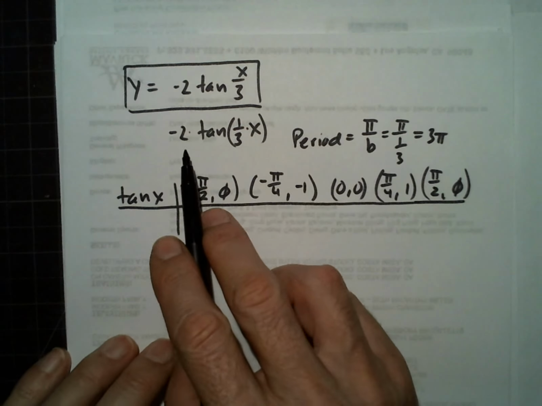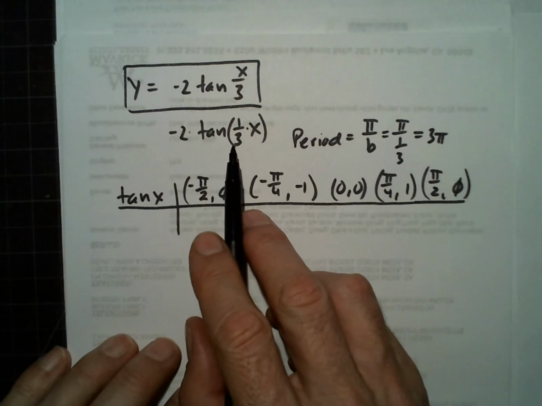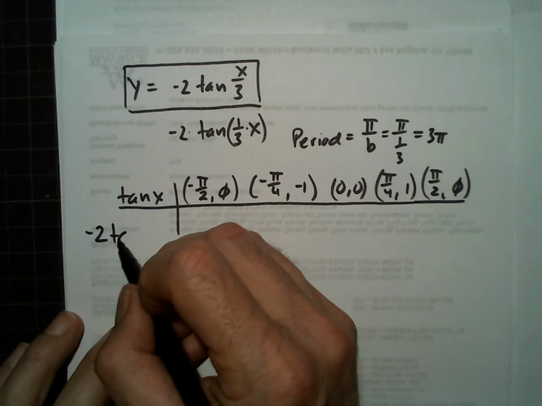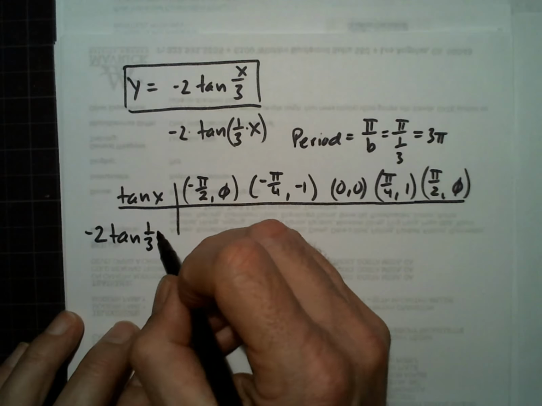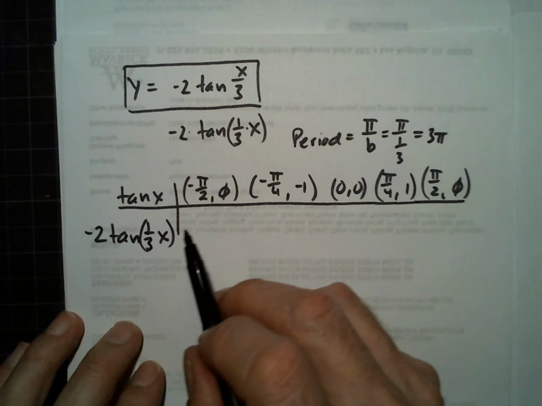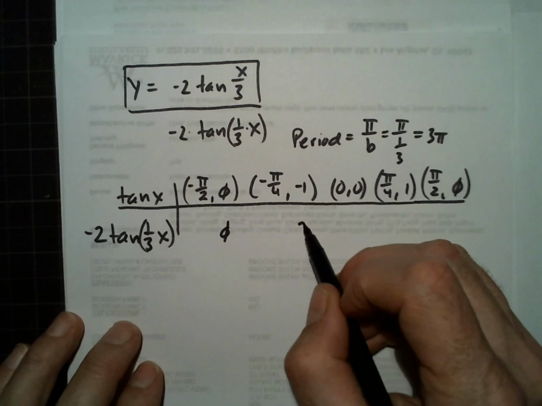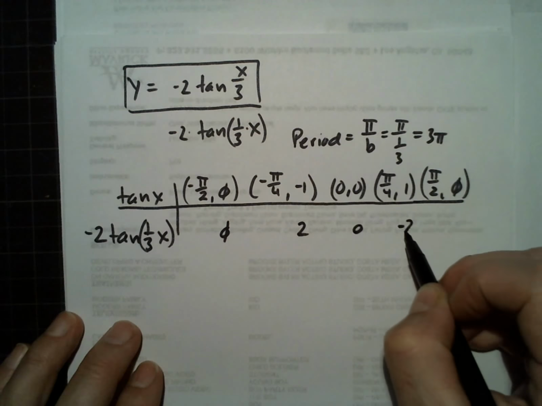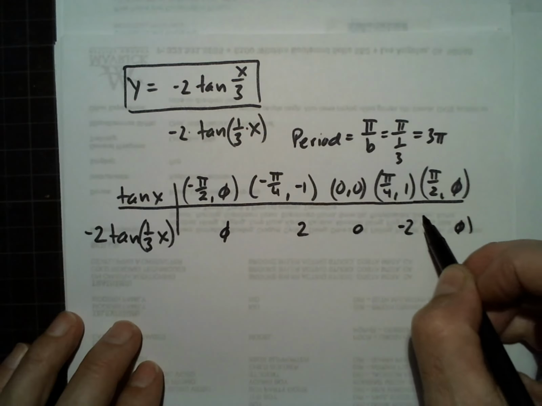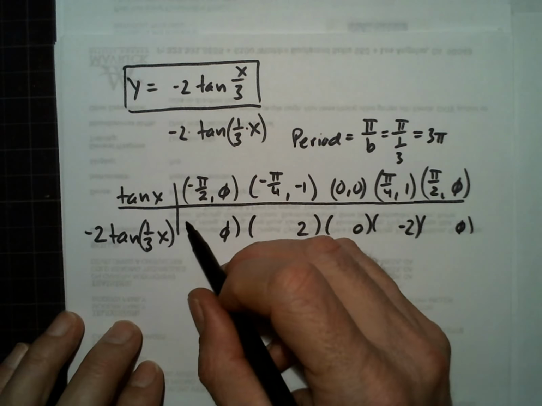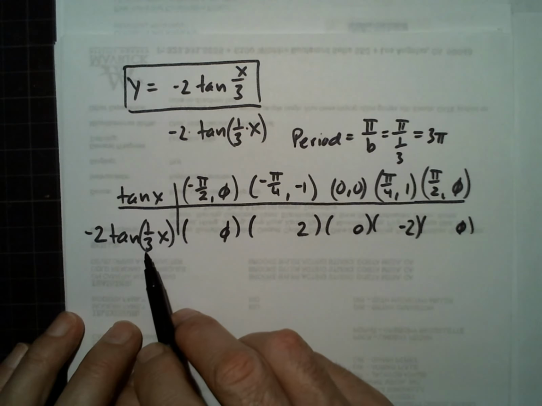So we have a change to the y and a change to the x, so we can do them at the same time. Multiply all the y values by -2, and divide all the x values by 1/3, so we'll multiply by 3.